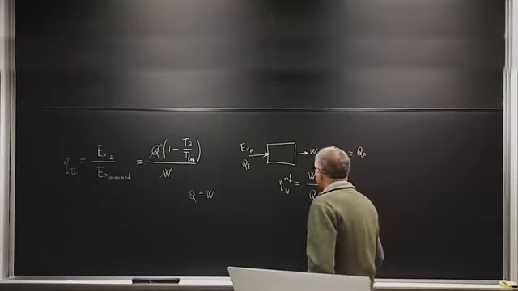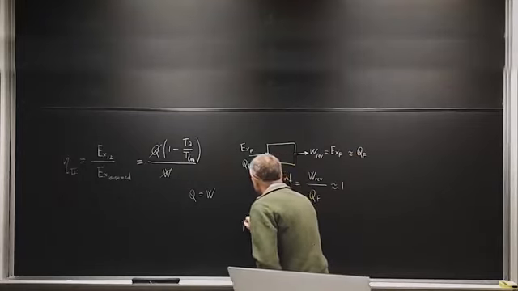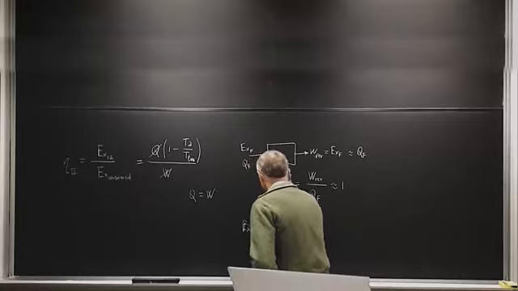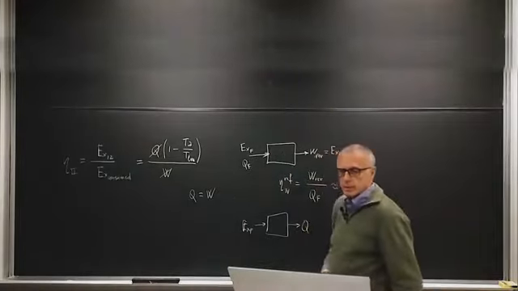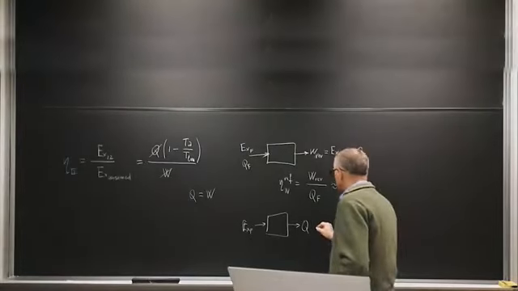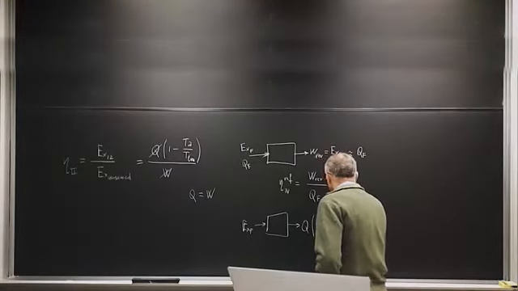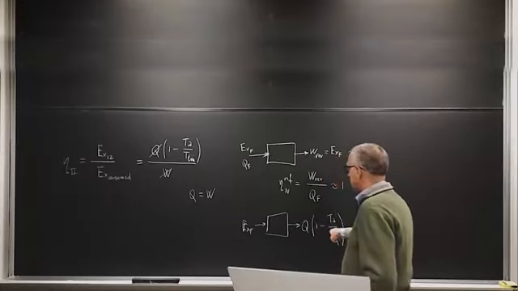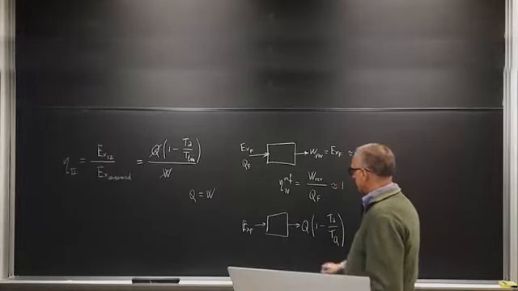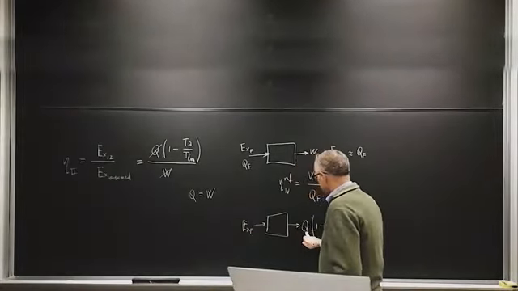Whereas the same story, if I use my fuel and I want to produce heat at the temperature TQ, the exergy of that heat is this. And if I have no irreversibility, all that goes into this.